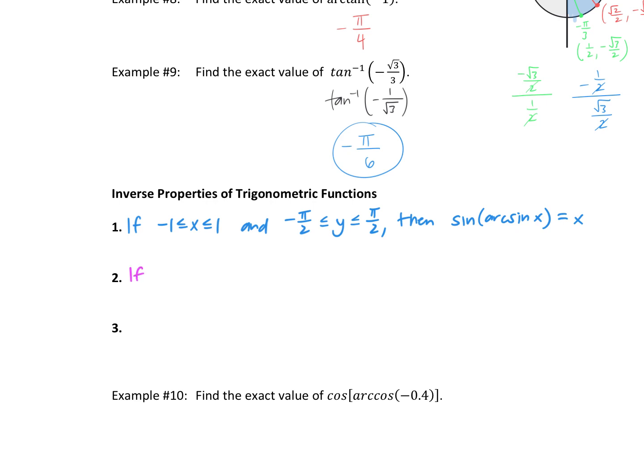If we had, again, from -1 to 1 and 0 to pi, then our cosine of arc cosine is also just x. This is just repeating those domain restrictions on your unit circle.